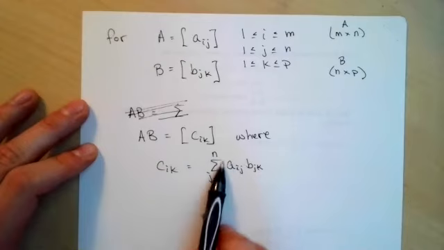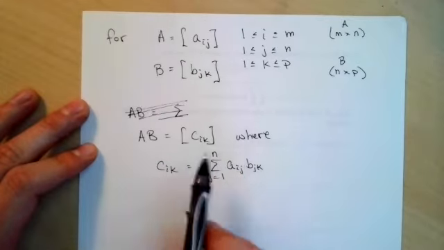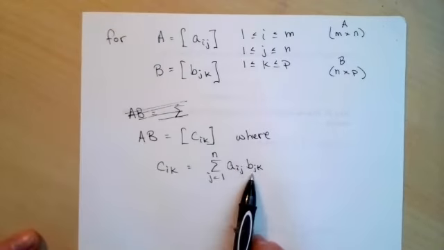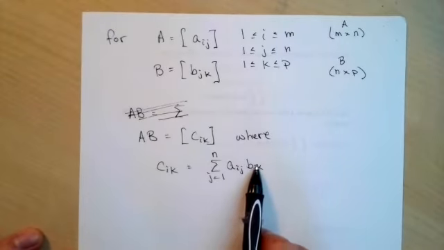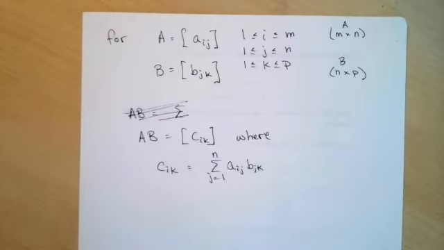So going along the row of A, we take the different entries and multiply them by the corresponding entries within the different rows for B. Any questions on that?